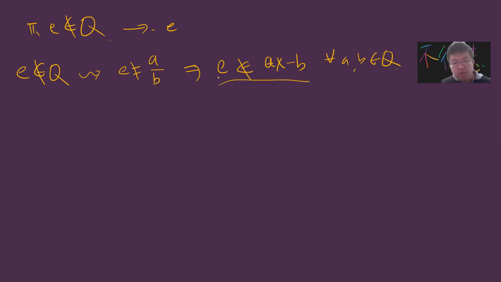So irrational is somehow the first step: you prove that e will not be a root of a degree 1 polynomial. If you want to prove that e is transcendental, proving irrationality is the first step.